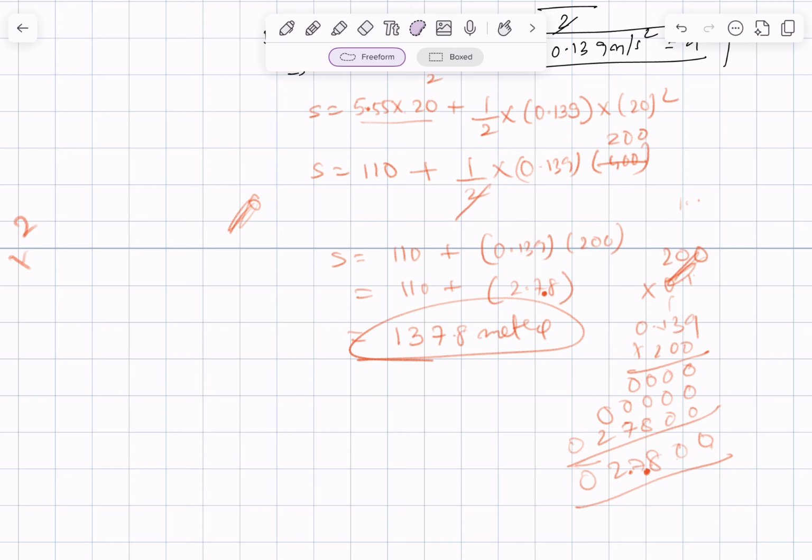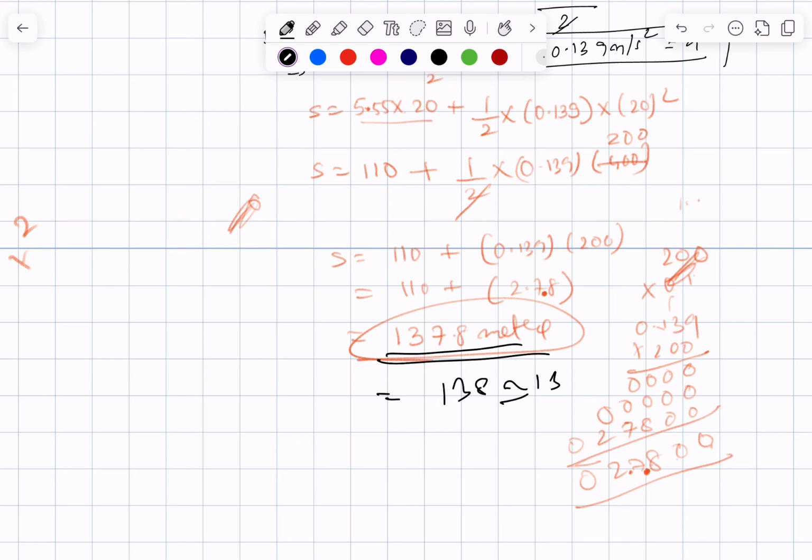The answer should be around 138, 139 because I made a rounding off. I took approximate values. Yeah, for me the same, I did approximately as well. It should be 138, 139, not more than that.